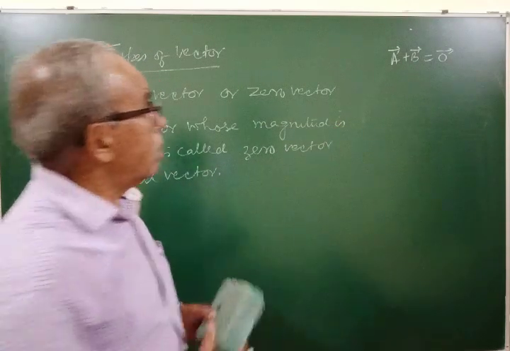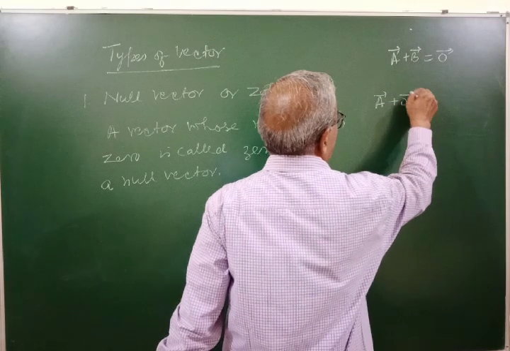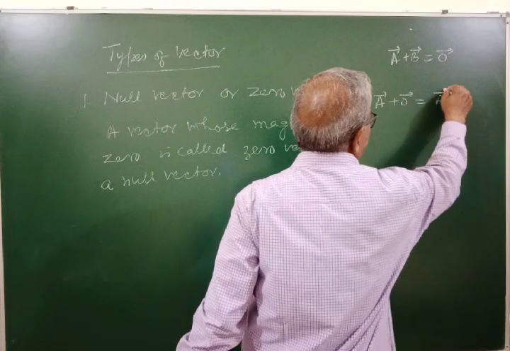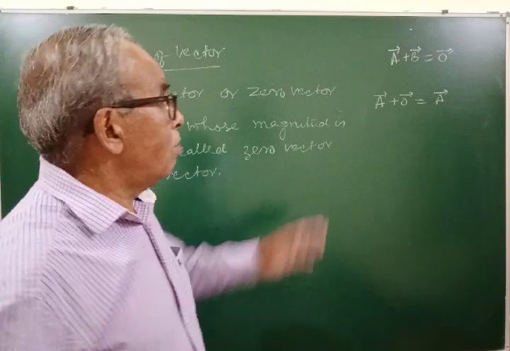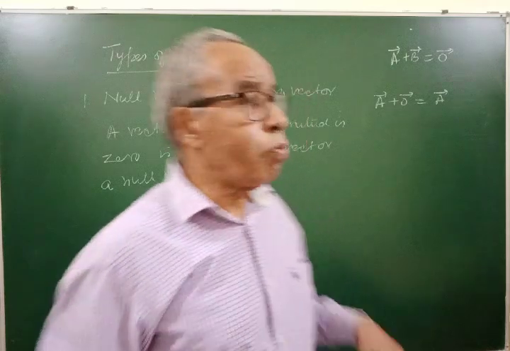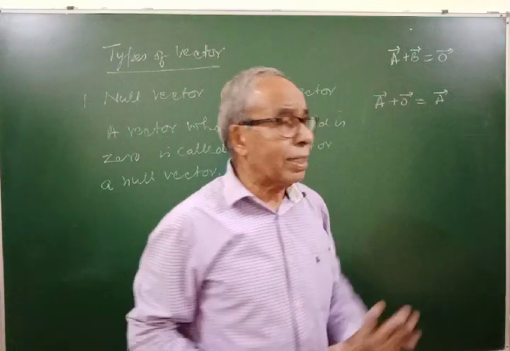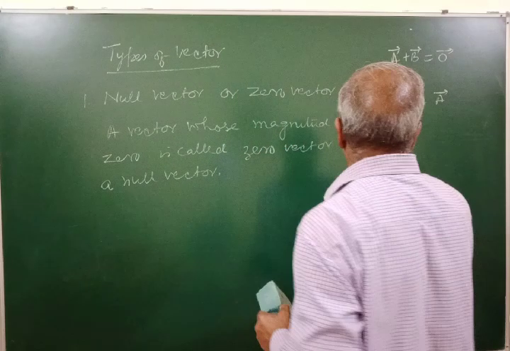And simply, if I add the 0 vector, it will give A vector. Some vector whose magnitude is 0 is added to A, it comes 0. Mainly the 0 vector is defined here just to maintain homogeneity of equation.